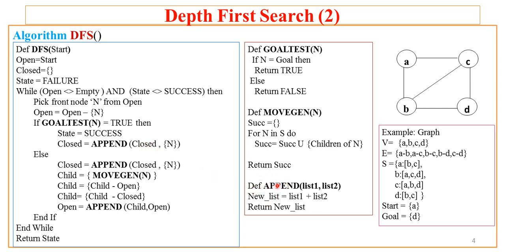I am pointing here in the second rectangle of this slide. It creates a temporary list called new list. First it takes the elements in list 1, and to these elements all the elements of list 2 are added, and that new temporary list is returned to the DFS algorithm. So here it will take the first list as the closed, and the second list as the current node, and will append it to the closed.